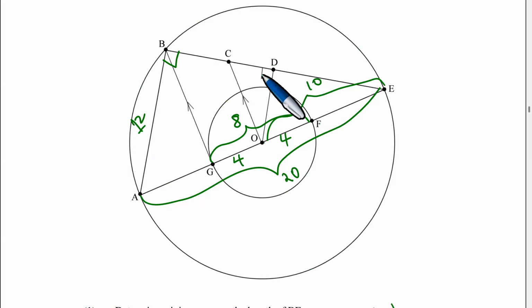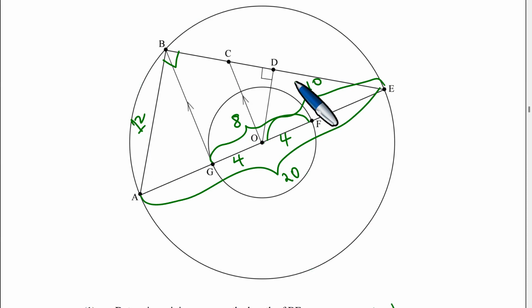At this point we are in a position to determine that, because the distance from the point B to the point D can be determined very easily.